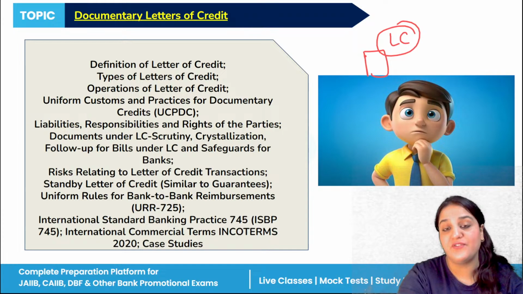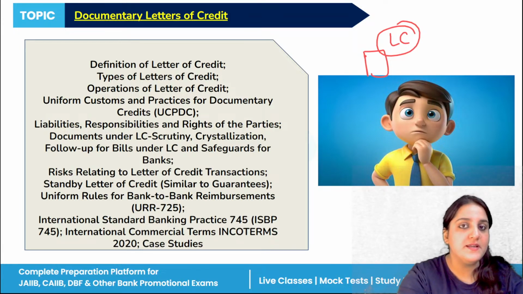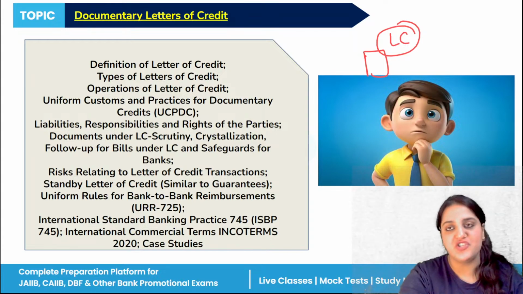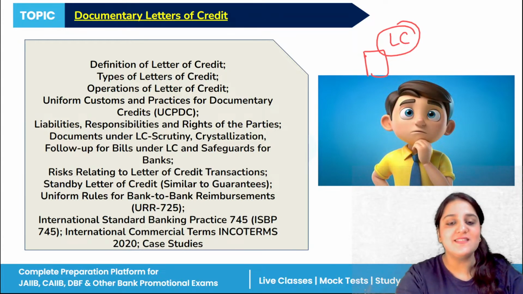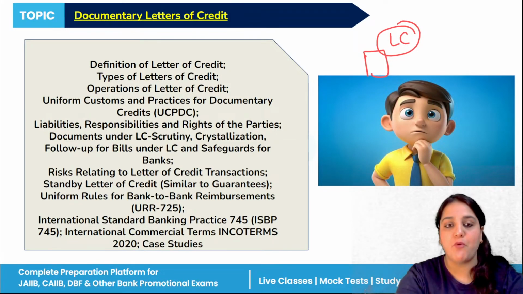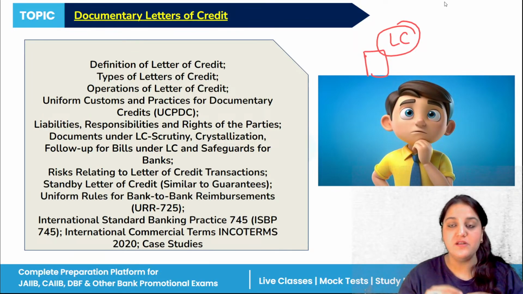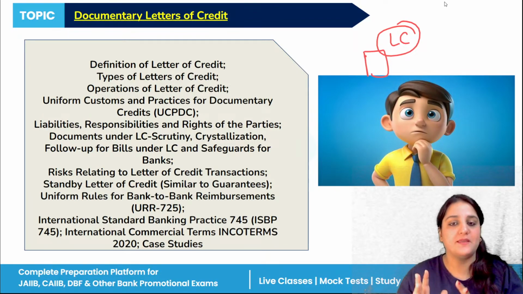There is UCPDC, there is URR 725, Incoterms, which are very important, and all these things are important for our examination, and the questions will be there in the examination from these topics.